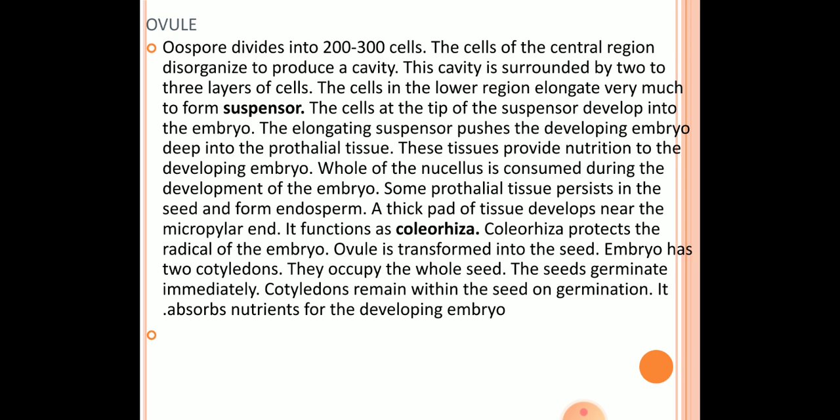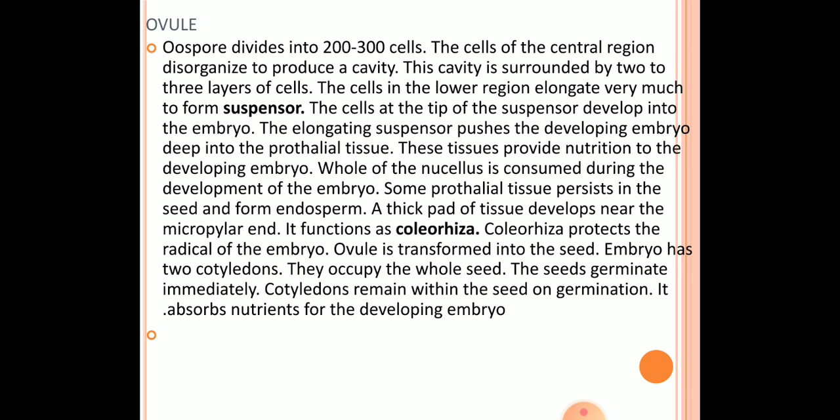And these fuse to form the zygote. That zygote is produced in the oospore region and develops into the ovule, and from that the prothallus will act as a nutritive tissue, because the endosperm is absent in the case of gymnosperms, or in cycas, and it acts as the prothallus tissue for the development of the embryo.